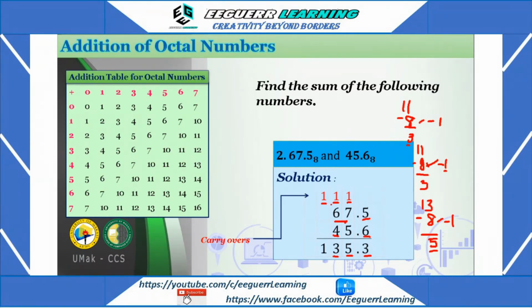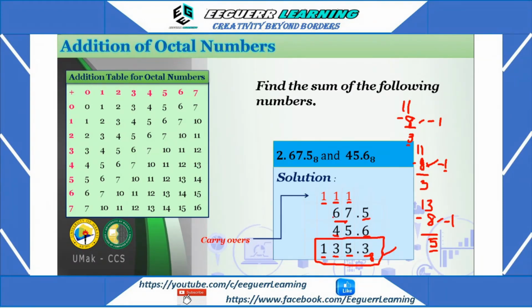So 1 and bring down 1. And our final answer for the second problem for octal addition is 1353. Okay, so again, place a subscript or base of 8 to indicate that this number is in octal form.